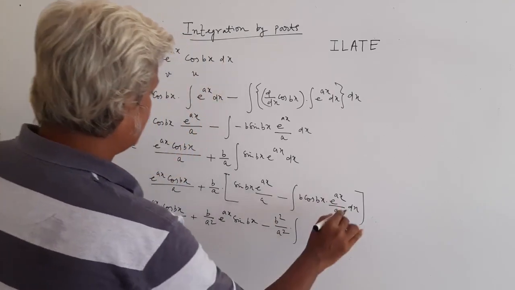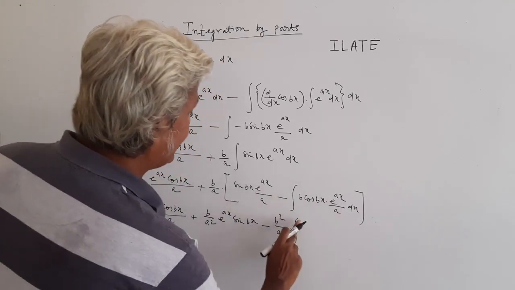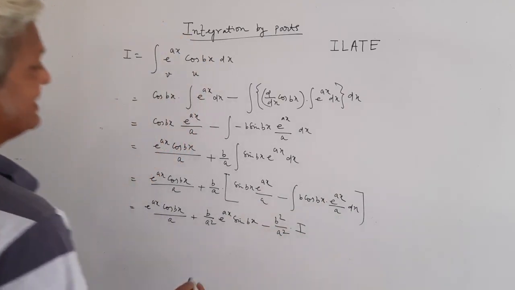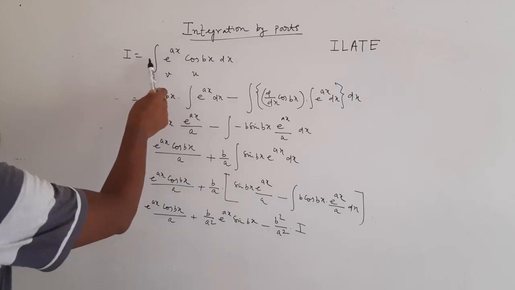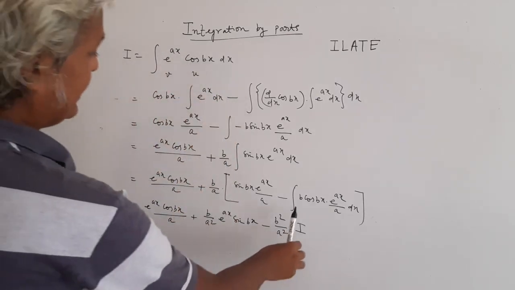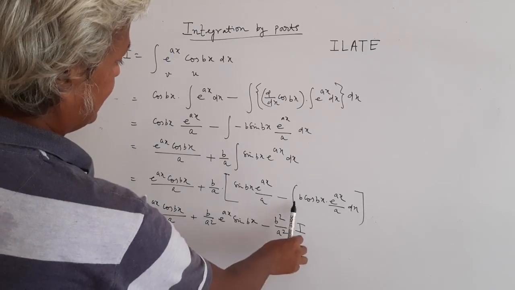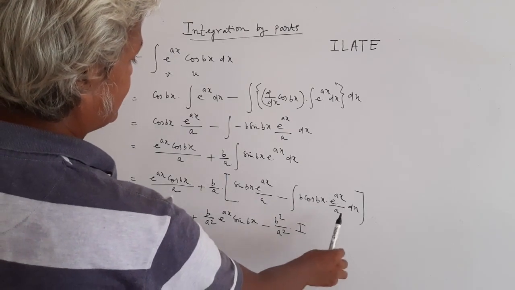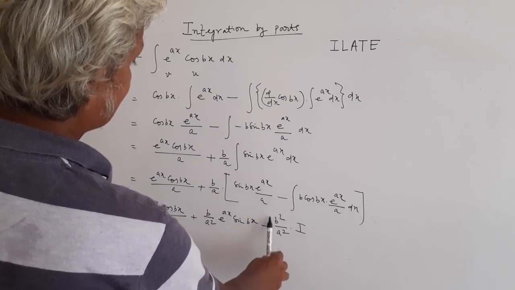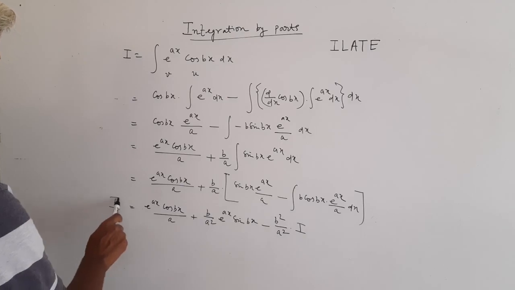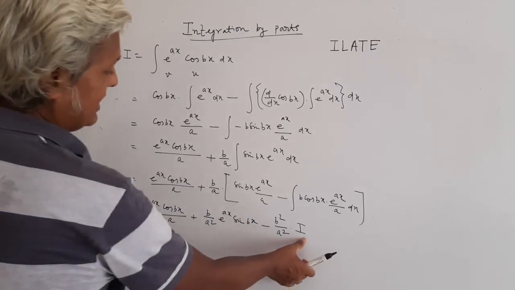And this term, instead of writing all of it, I will simply write it as I, because I is integral e to the power ax cos bx dx, and here again we have the same thing. So I just write I in place of this, maintaining the coefficient b square over a square. So you have one I here and another I here.